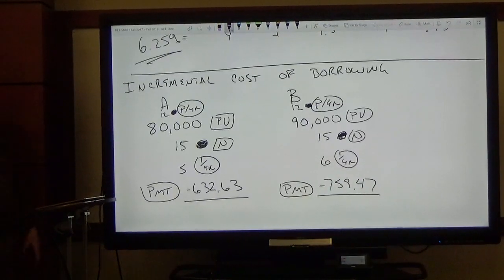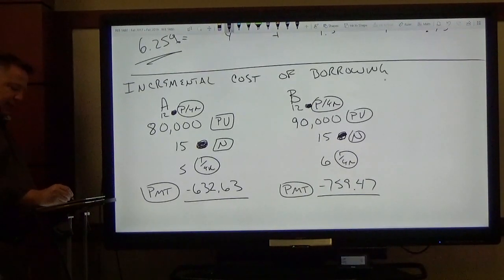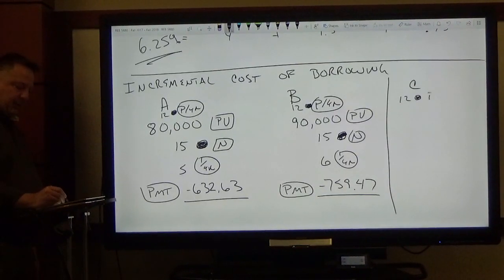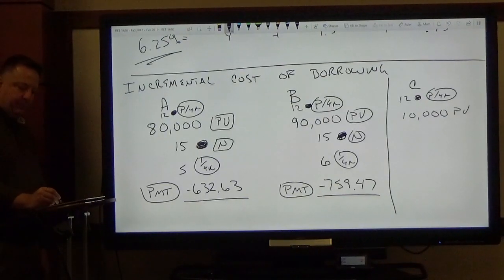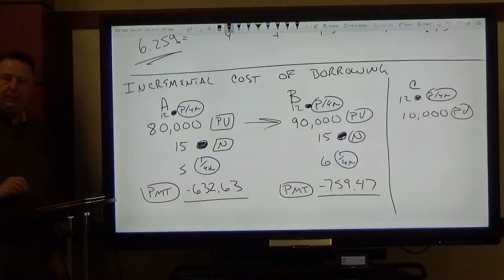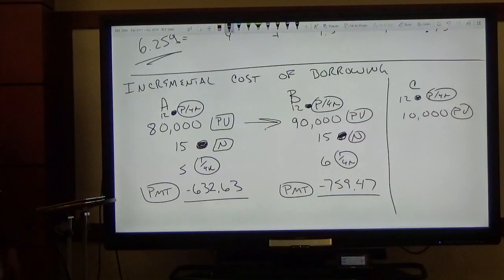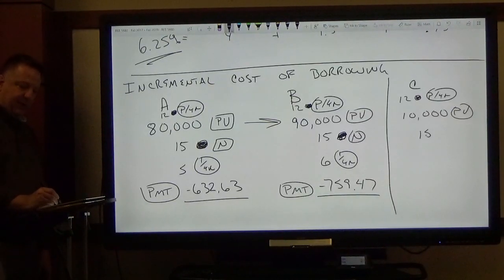Now, let's say we've got lender C, 12 payments per year. They're going to give us the difference, a $10,000 loan between these two. It's also going to be for 15 years.